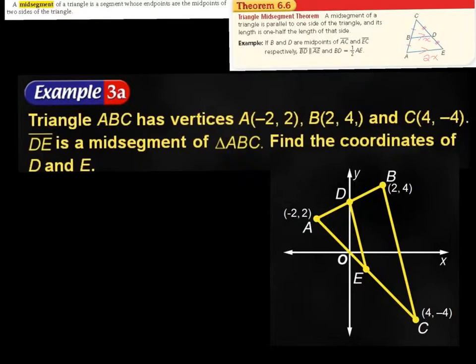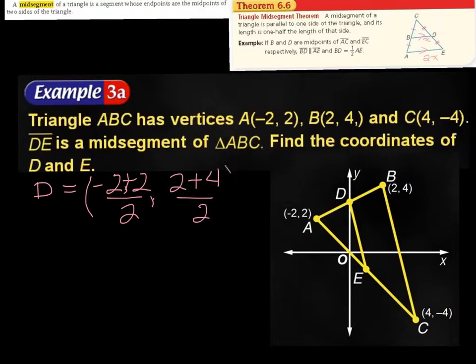Let's do point D first, so that's going to be the midpoint of AB. Recalling our midpoint formula, we're going to take the x coordinates of our 2 points, -2 and 2, add them together and divide by 2, and then take the y coordinates of our points, 2 and 4, add them together and divide by 2.